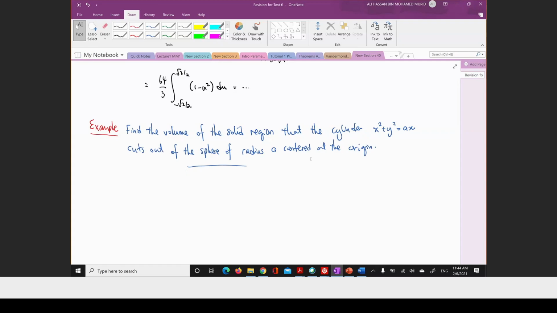The volume involves triple integral, isn't it? For the evaluation of the volume, we need to apply the triple integral. Remember, the volume integral formula is this one. So what are the limits?